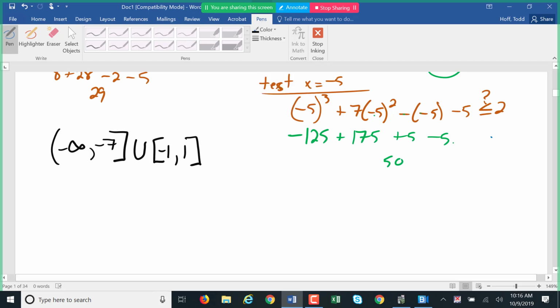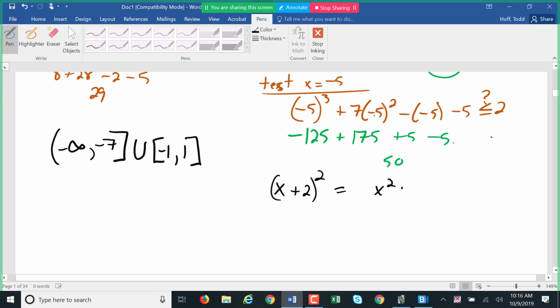I mentioned there's a possibility of two adjacent sections both being true or both being false. When does that happen? It happens when one root is repeated. Let's say I have x plus 2 squared as a factor.